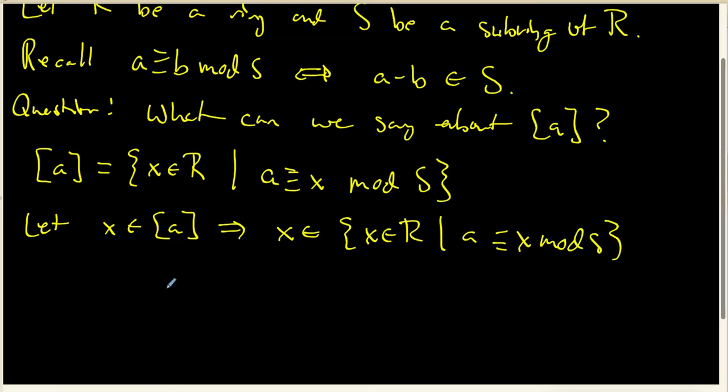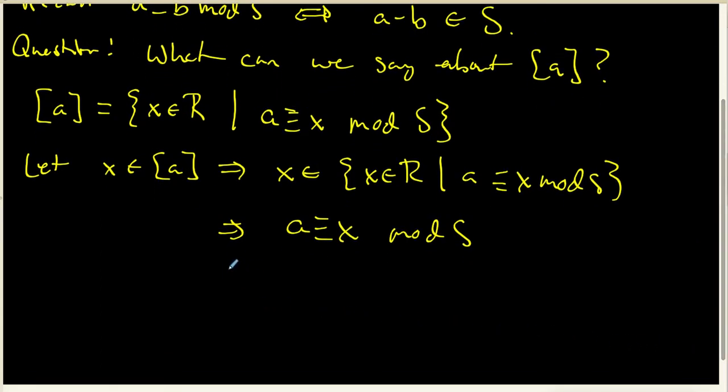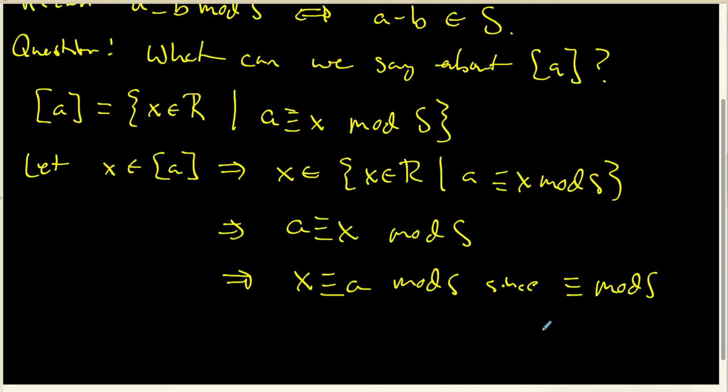And so what we now know is that A has to be congruent to X mod S. Of course, this congruency relationship is an equivalence relation, and since A is congruent to X mod S, that will imply that X is congruent to A mod S, and that's just the symmetric property of equivalence relations.